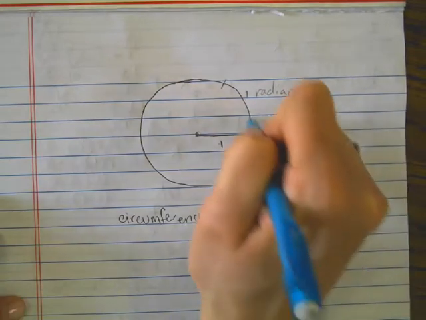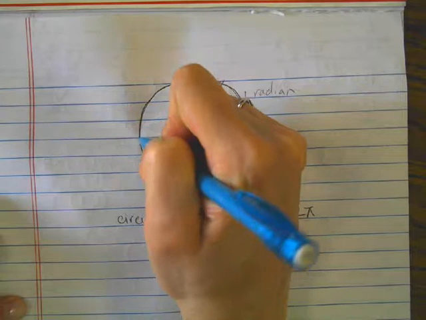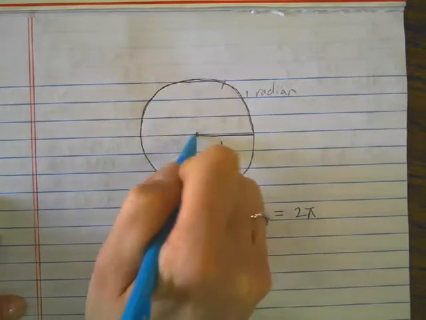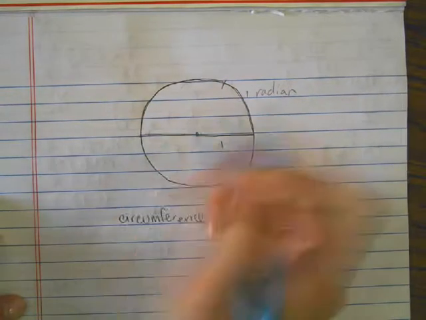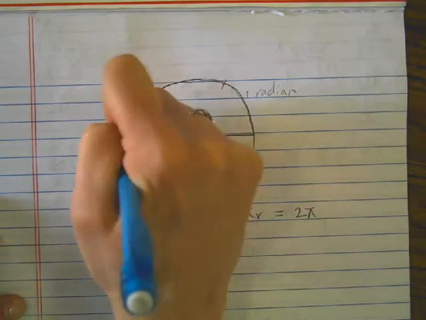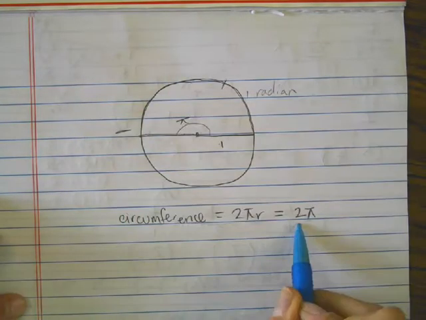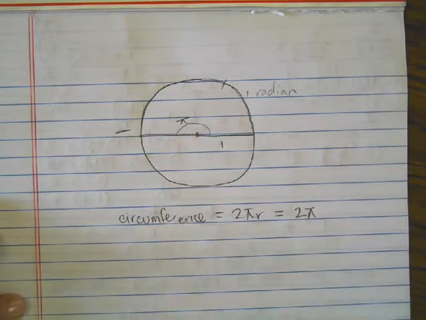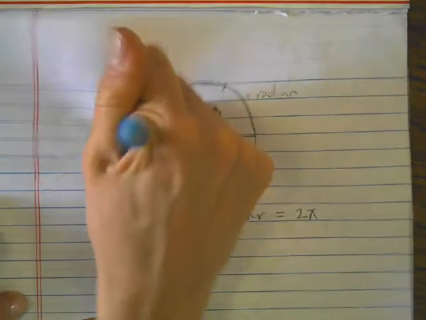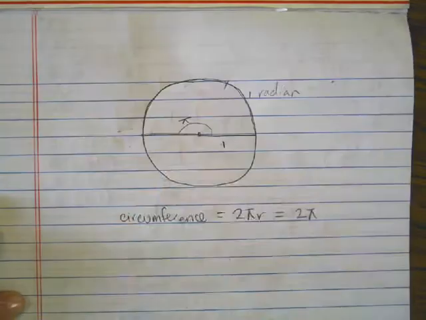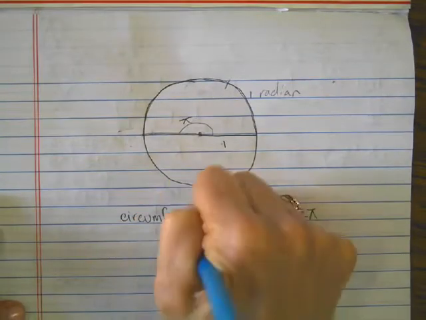Pi would be halfway. The reason pi is halfway is because it's half of a full circle. If the full circle is 2 pi, then pi would be halfway. That makes sense, right? So pi is halfway around the circle.